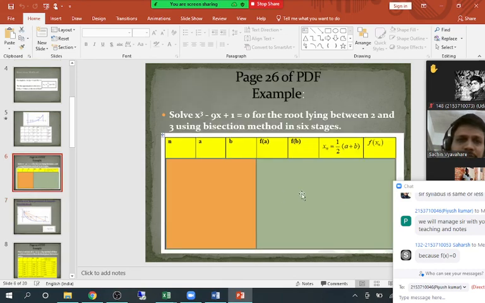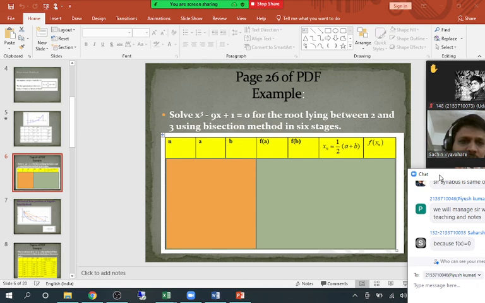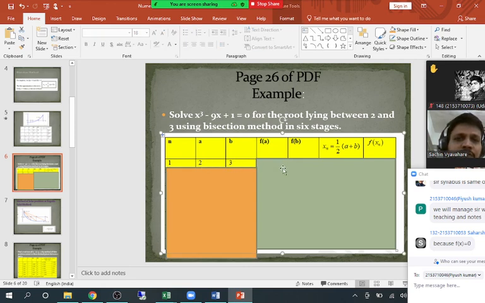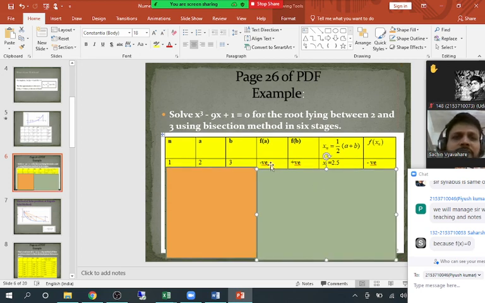So here is that question. I know this is a very small window, but I think you can read it. In the first iteration, n is equal to 1, a is 2 and b is 3. For f of a, I'm not interested in its value, I'm interested in the sign. You will observe f of 2 is negative.